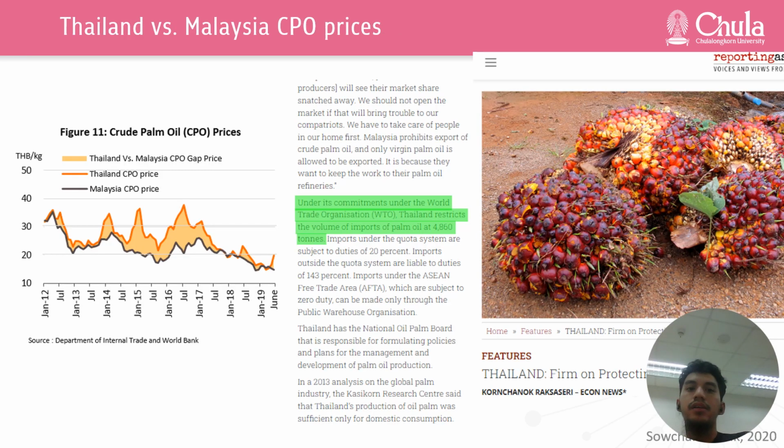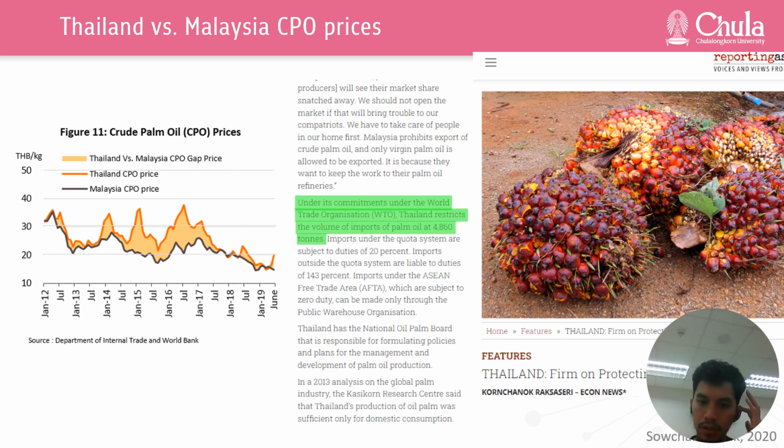Thailand has a restriction on palm oil imports due to its protection of the local palm oil sector, and you can see why here. The price of Thailand CPO is higher than Malaysia's, and it is obvious that it is because of the lower production.